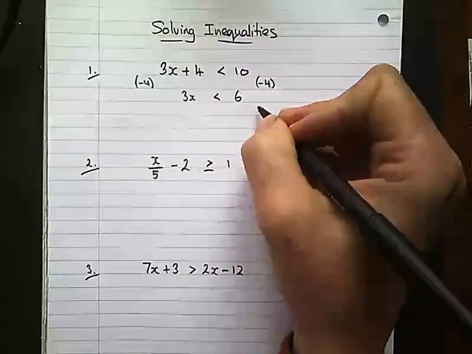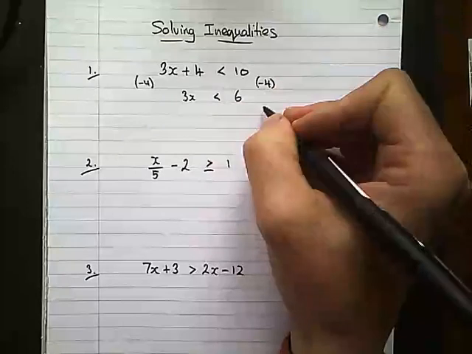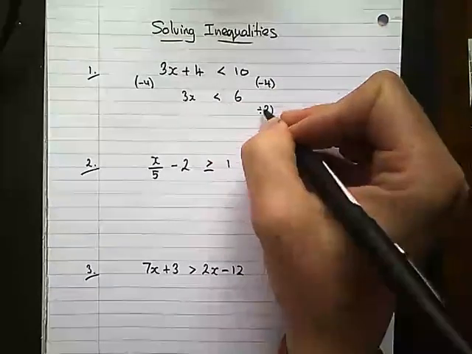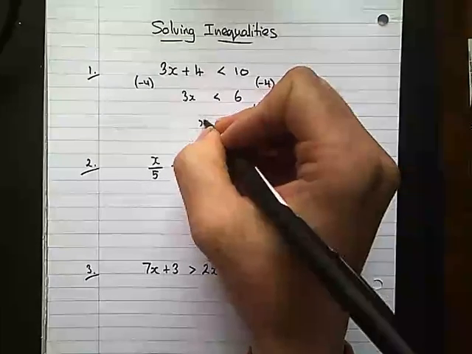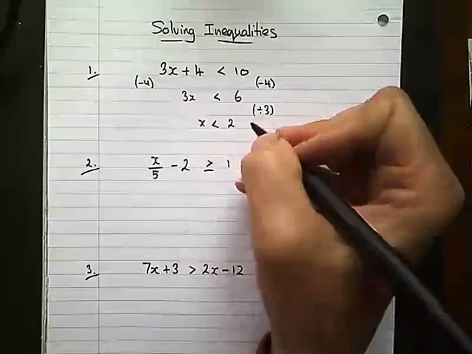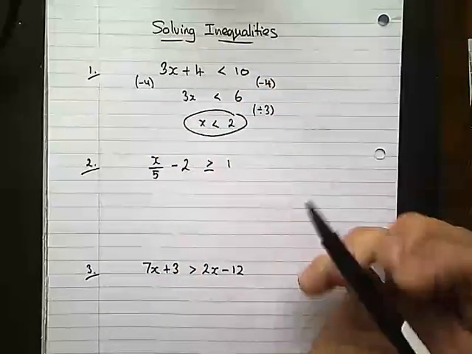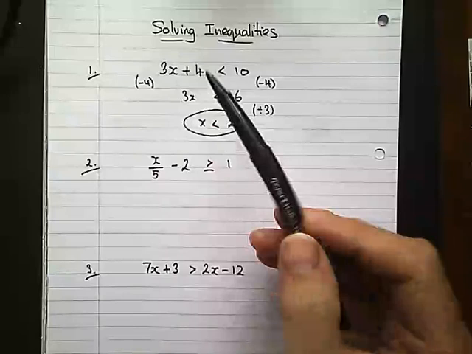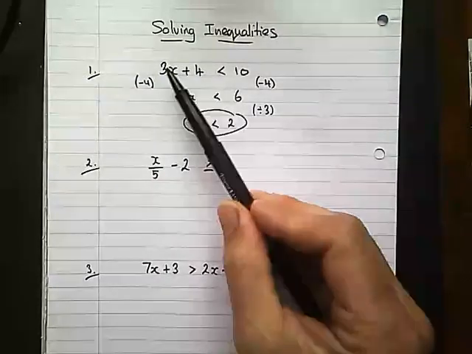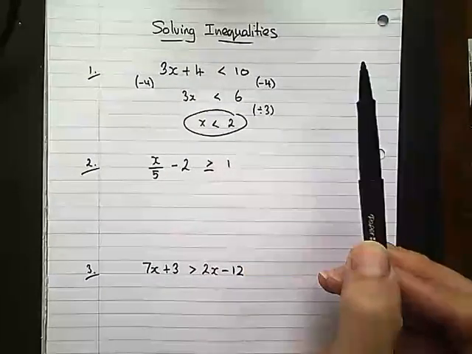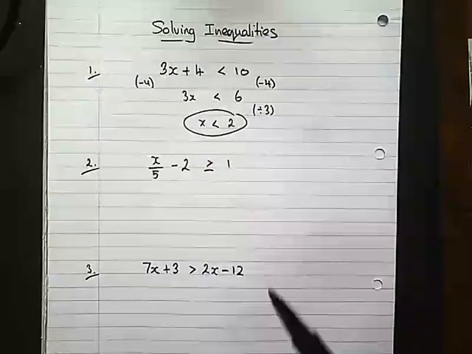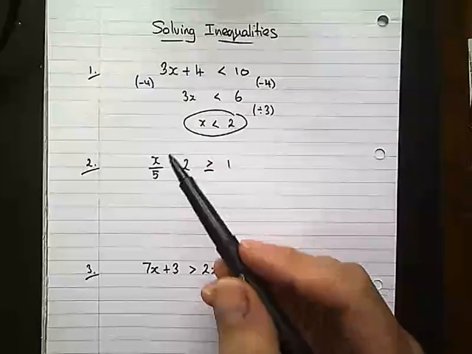Then the next step is to divide by 3, undoing the times by 3, and I get x is less than 2. And that is your solution. Any value of x that is less than 2, if I put it into here, will give something less than 10.